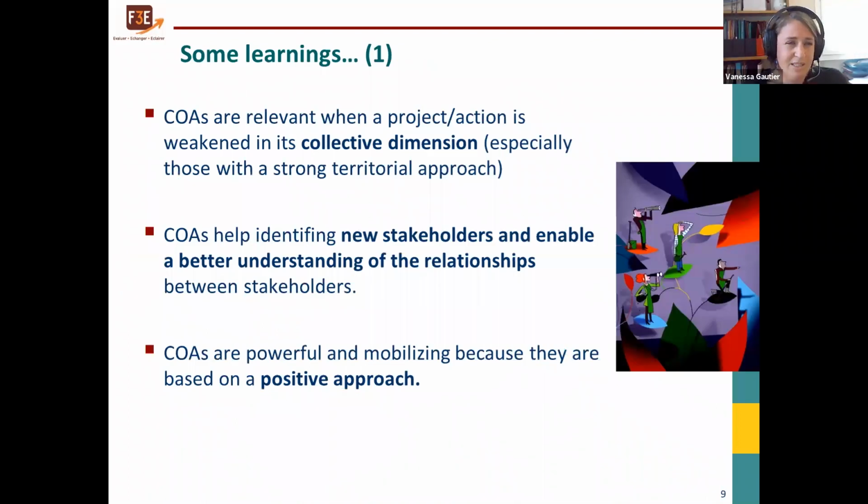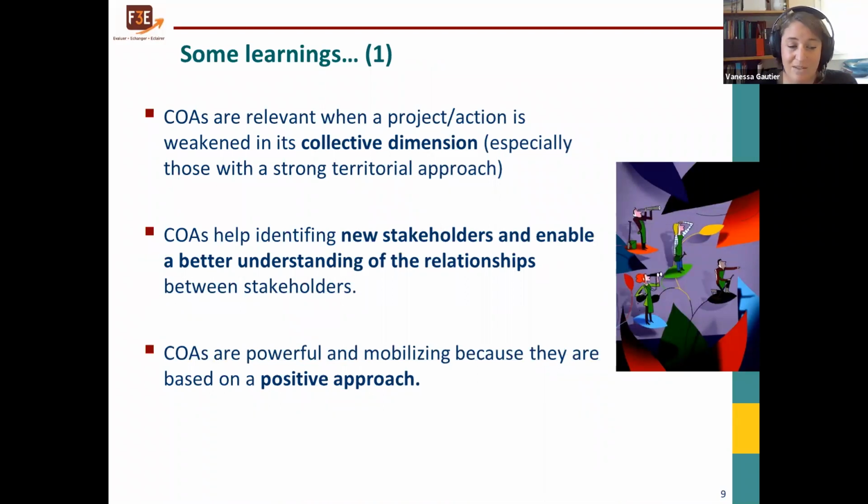Just some learnings that came out of this experiment, and that we are also currently observing in our action Changing Territories through collective action. Change-oriented approaches are quite relevant when a project is weakened in its collective dimension.